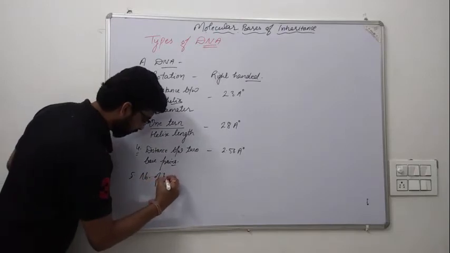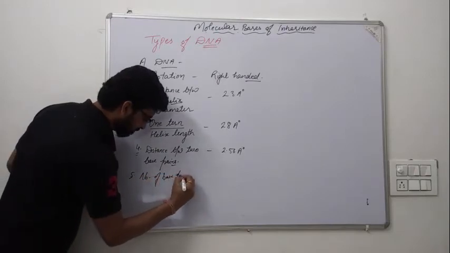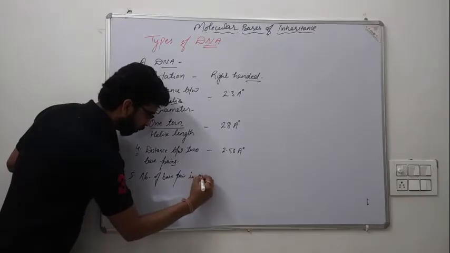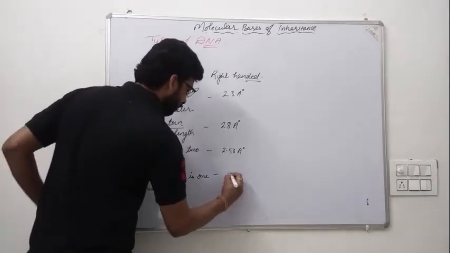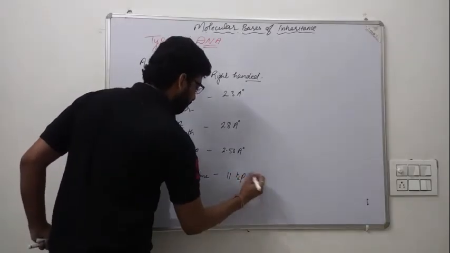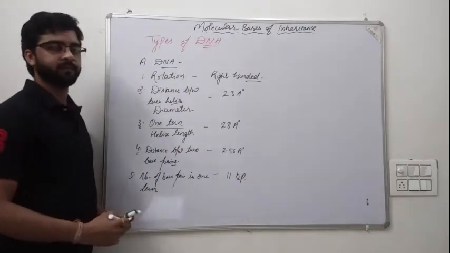Number of base pairs in one turn, 11 base pairs here.